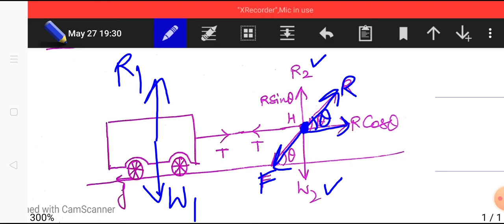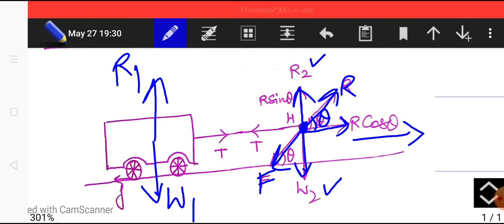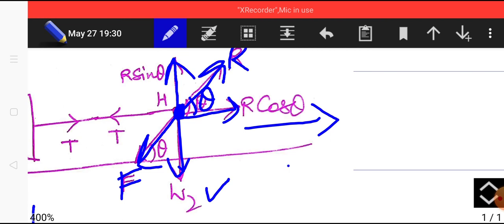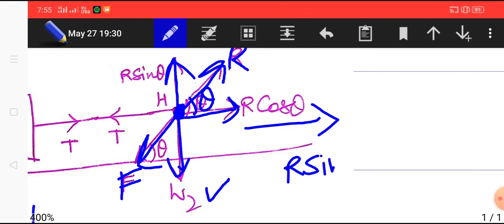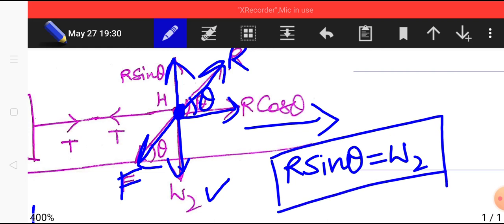Now a component R cos theta of this reaction is available for moving forward, while R sin theta will balance the weight of the horse. So you can write here R sin theta is equal to W2. R sin theta will balance the weight of the horse.